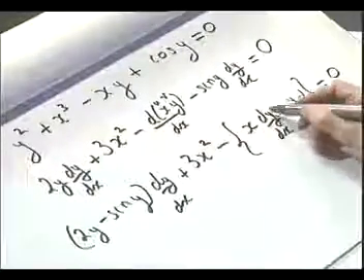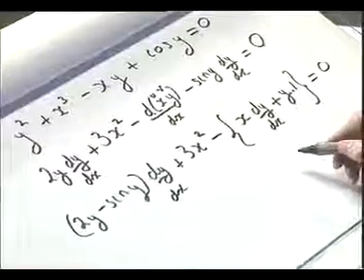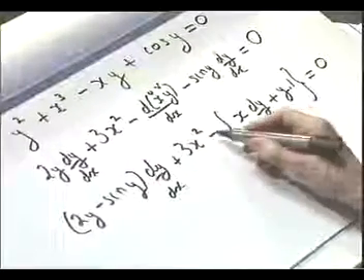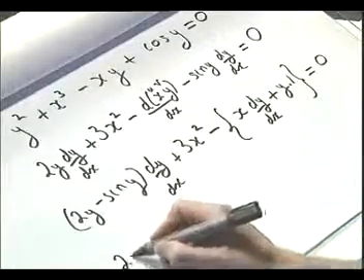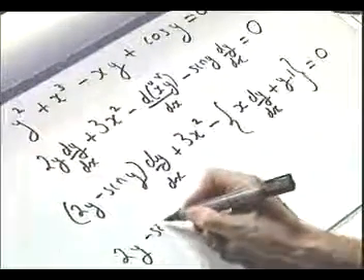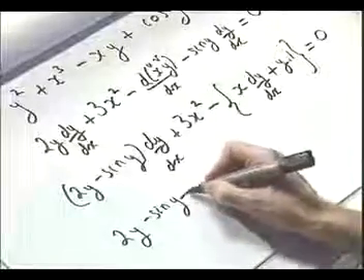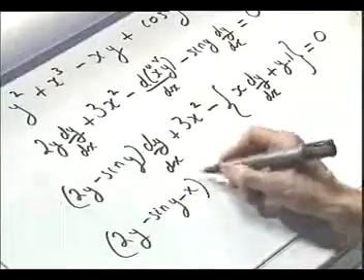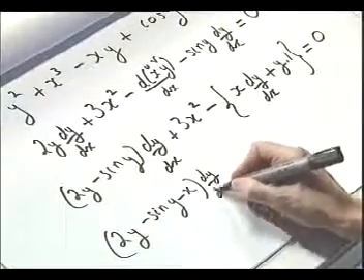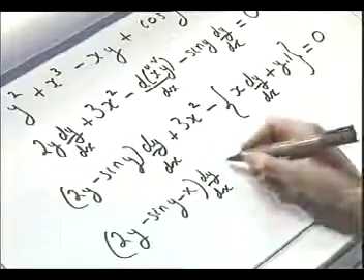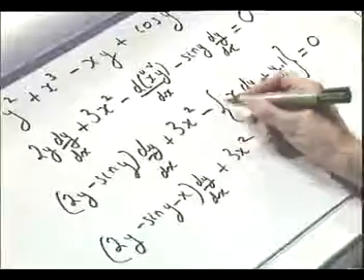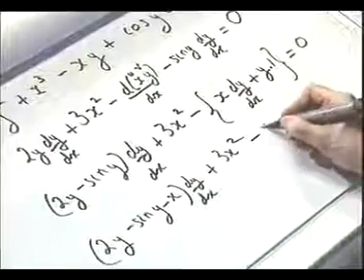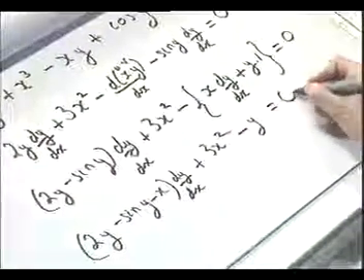So we see here that we've got another term now involving dy by dx. It's minus x. So we can put that in the bracket. So we can have 2y minus sine y minus x dy by dx plus 3x squared, and then minus this term here, minus y equals 0.